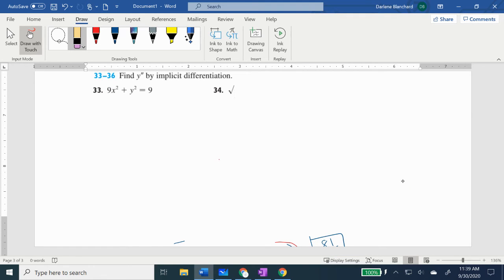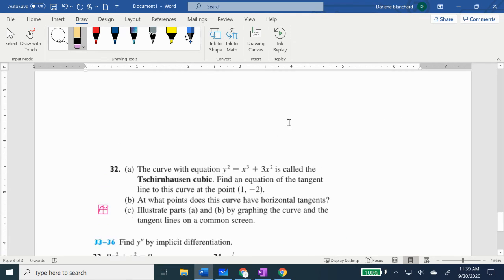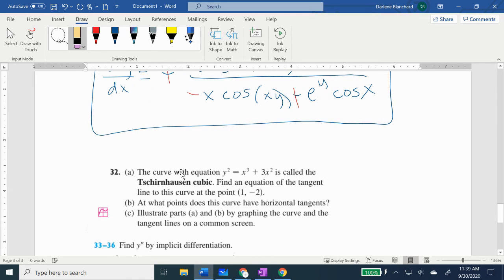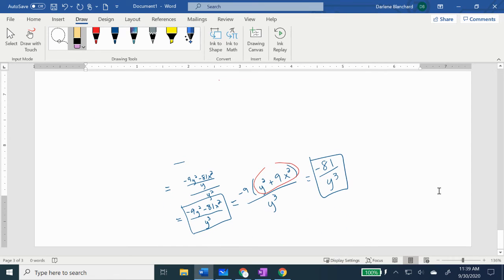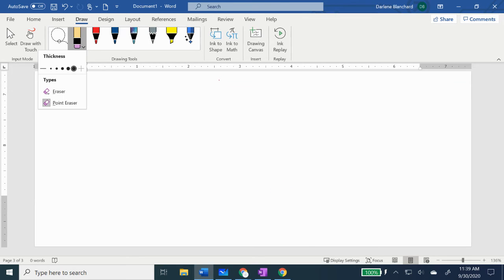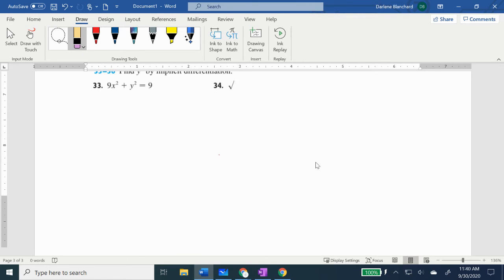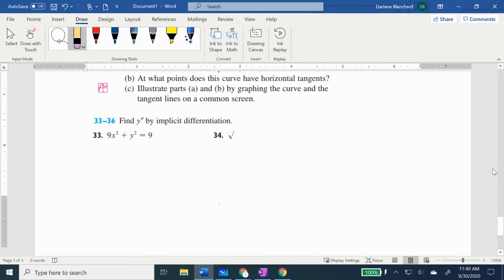Oh dear, I've got stuff down there that I can't get to. There we go. Erase. That's what I was doing. And I'm going to bring it back to small eraser before I forget this time. Okay.